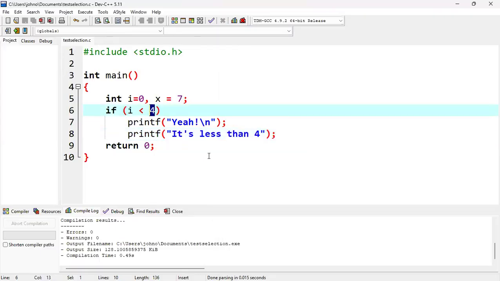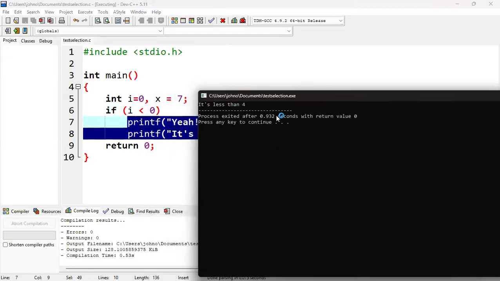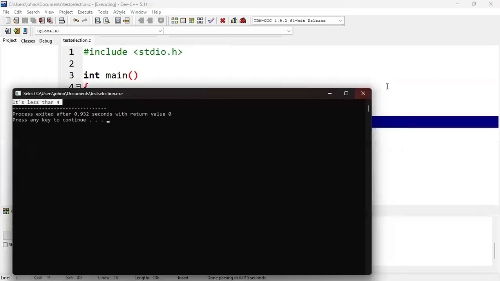Let's put this to be 0. I is 0. Is I less than 0? No, I is equal to 0. So the expression here would be false, and so we should not be able to enter into the if statement. But you will see that it would print line 8 because line 8 is not part of the if statement. It expects only one statement. See, it's printed, it is less than 4, even though it didn't print here. Why? Because here is the only part that is connected to the if statement. Line 8 is just part of the main program.